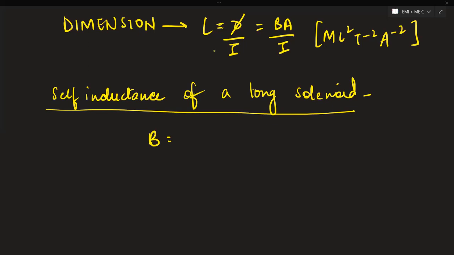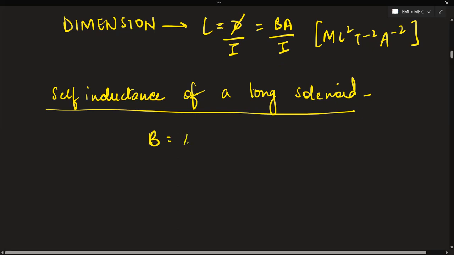See, you people do not remember the formula. Yes, Sara, right. B is equal to mu naught n i. Why are you people forgetting all the formulas? I have to take a viva of your formulas then.